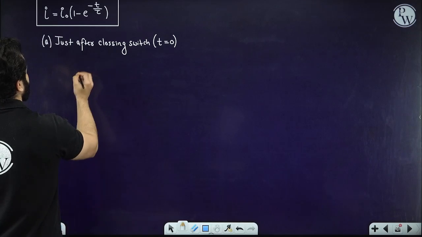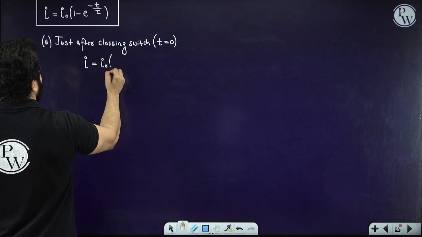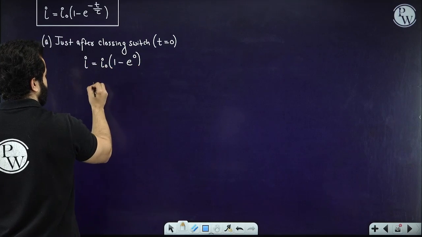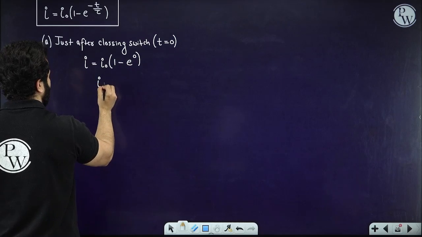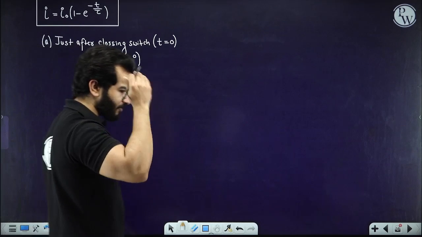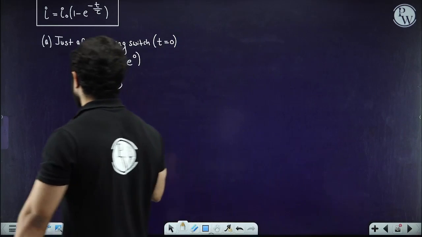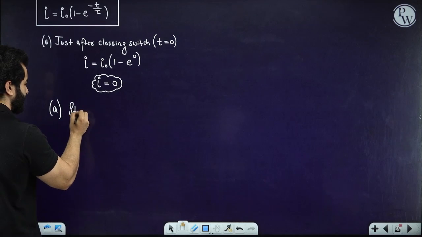So if t is equals to 0, current will be I equals to I naught times 1 minus e to the power of 0. Anything to the power of 0 is 1, and 1 minus 1 will be 0. That means current will be 0, which we were talking about, right? We said that just after you close the switch, current will be 0. We knew that. And the other extreme will be the steady state.